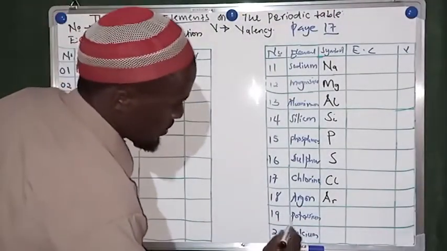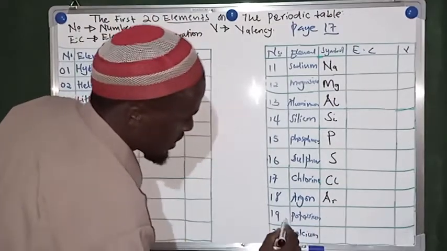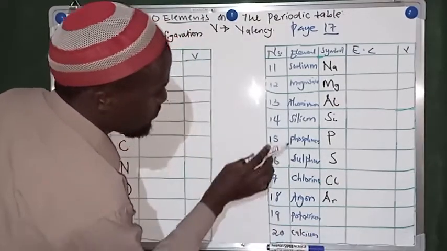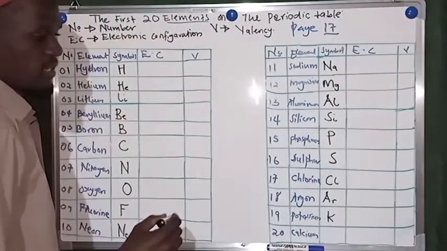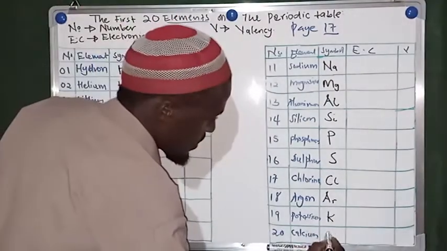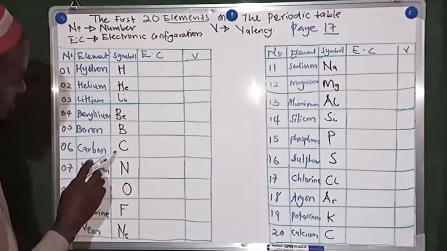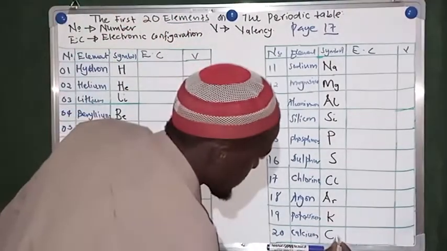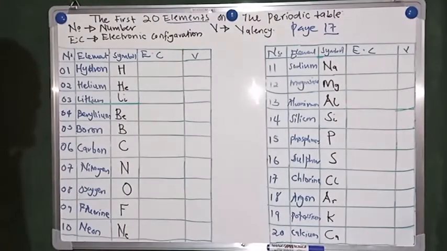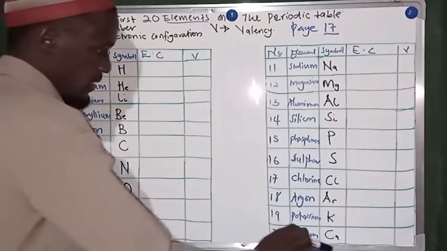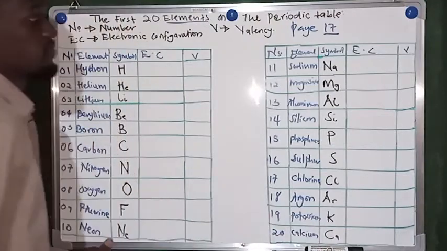Potassium is not P, because you have P there. It is got from Latin. It is a K. And calcium is a C, but we already have C on carbon, so it is Ca. So those are all the symbols of the first 20 elements. That's how we get them.